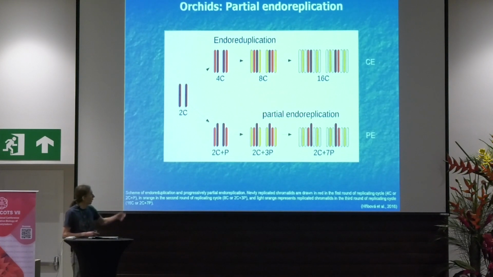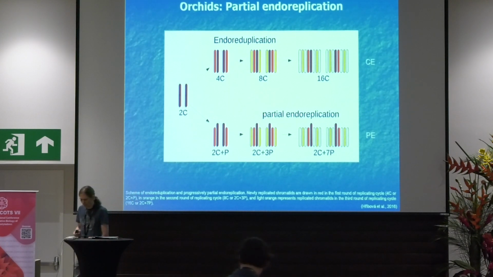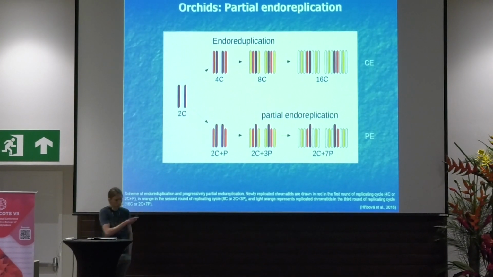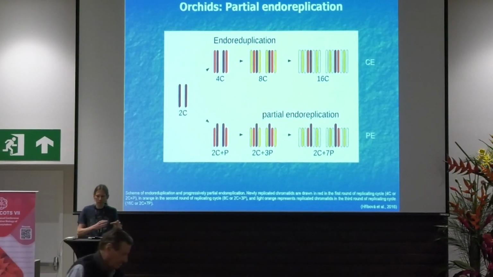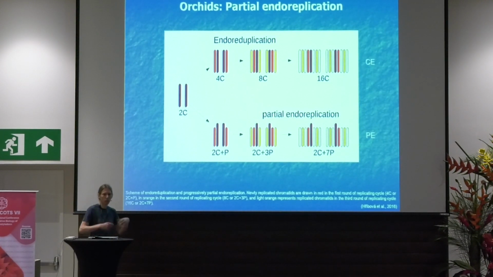Then you can find some cells with, for example, this amount of DNA in leaves. And this is really common in plants, but only in orchids it's possible that some species can choose only some species-specific selected part of the genome, which will be replicated in this case of cell differentiation.